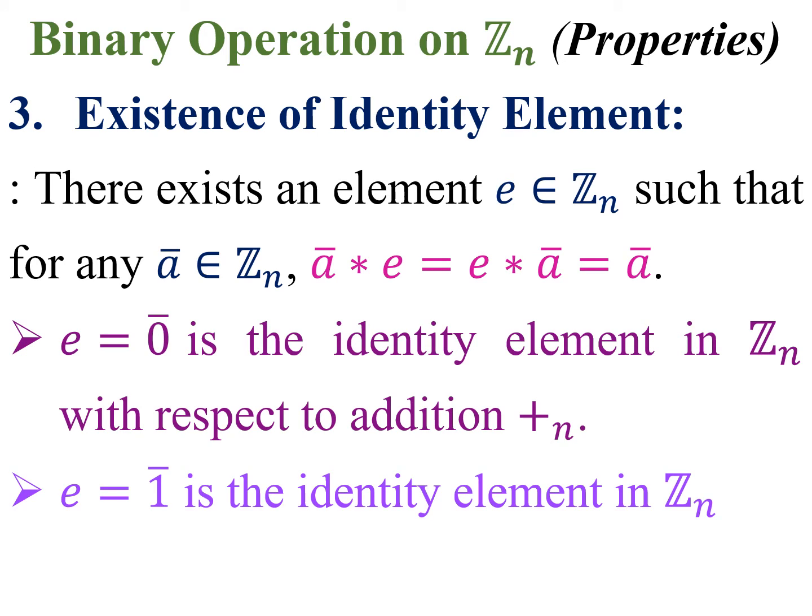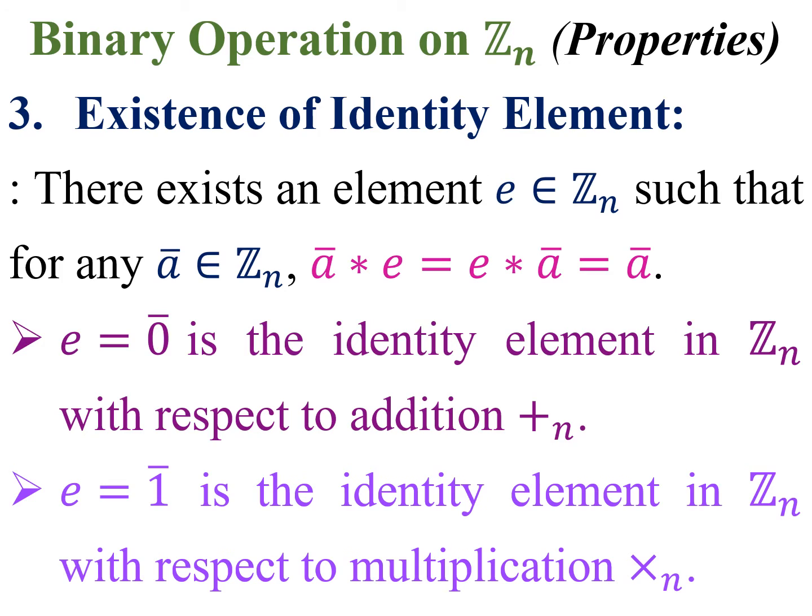Similarly, E is equal to class of 1 is the identity element in Zn with respect to multiplication cross n. Means whenever we multiply any class of Zn with class of 1 with respect to cross n, that residue class in Zn remains as it is.